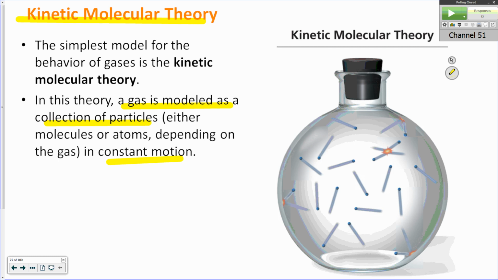There's no gas particle ever sitting still in this idea. They're constantly moving in all directions, and they move in straight lines until there is a collision. So you have this one coming in and this one coming in, they hit each other and bounce off.